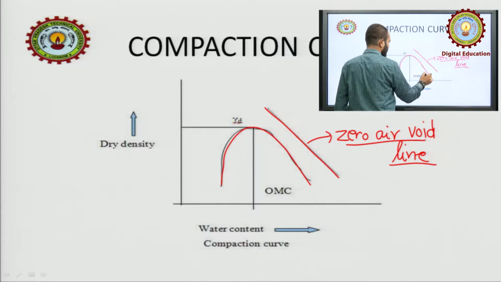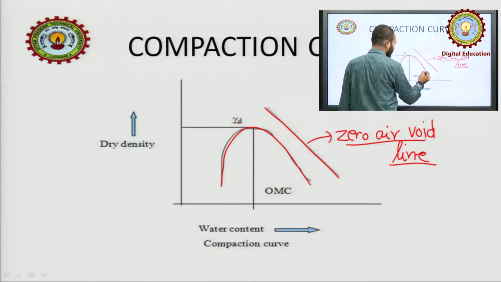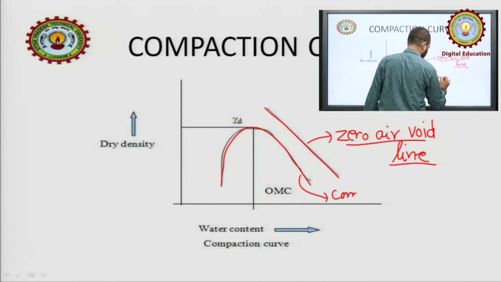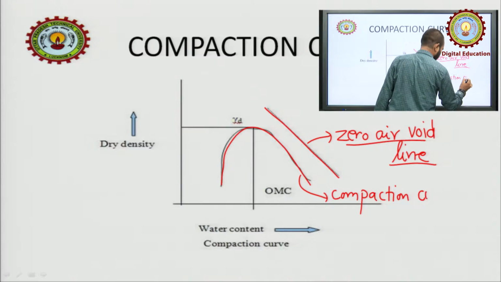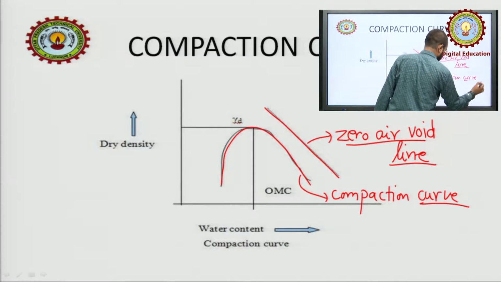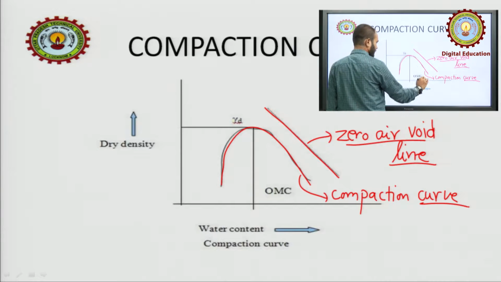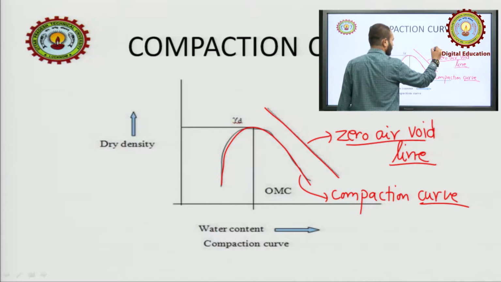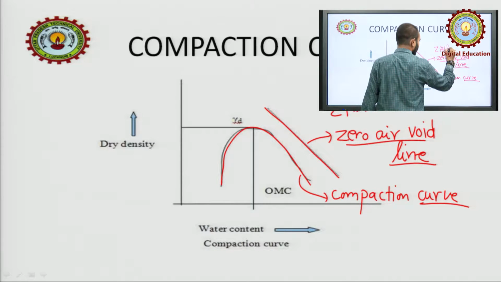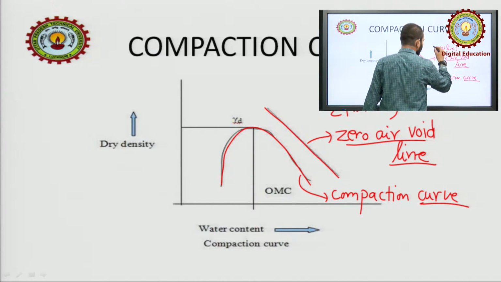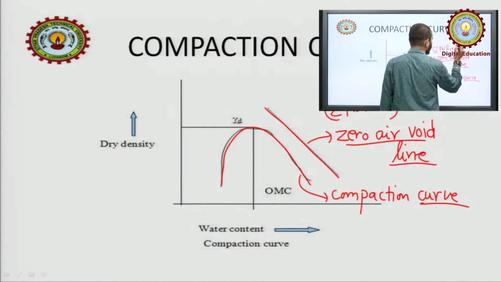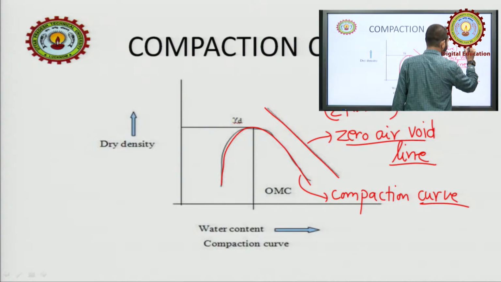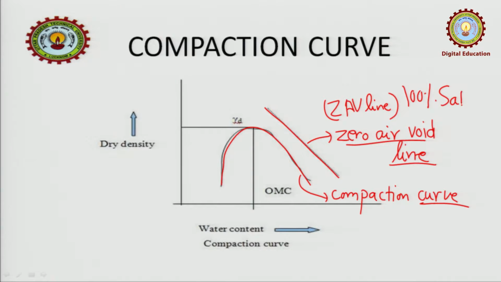And what is this? This is the general compaction curve which we were talking about. This is the compaction curve. This is the ZAV line. This is also called the ZAV line. Remember, this zero air void line is always equal to the 100% saturation line.